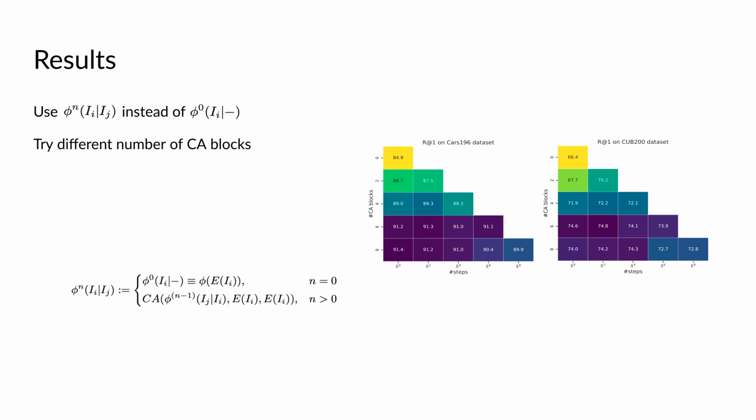Retrieval performance depends on the number of cross-attention blocks in the model architecture. Moreover, for a model with n cross-attention blocks, we obtain similarities at different levels, and each of those can be used to compute retrieval scores at testing phase. This figure summarizes Recall at 1 scores on the test sets of the Cars and CUB datasets.